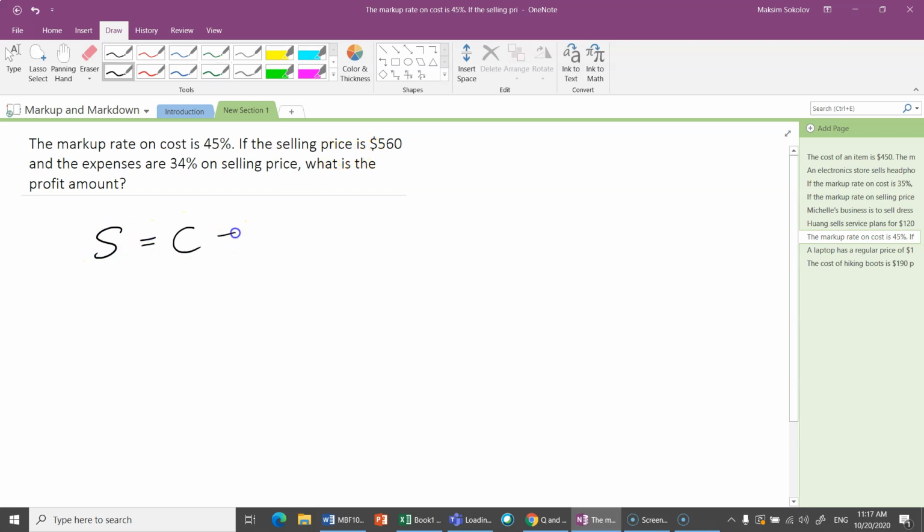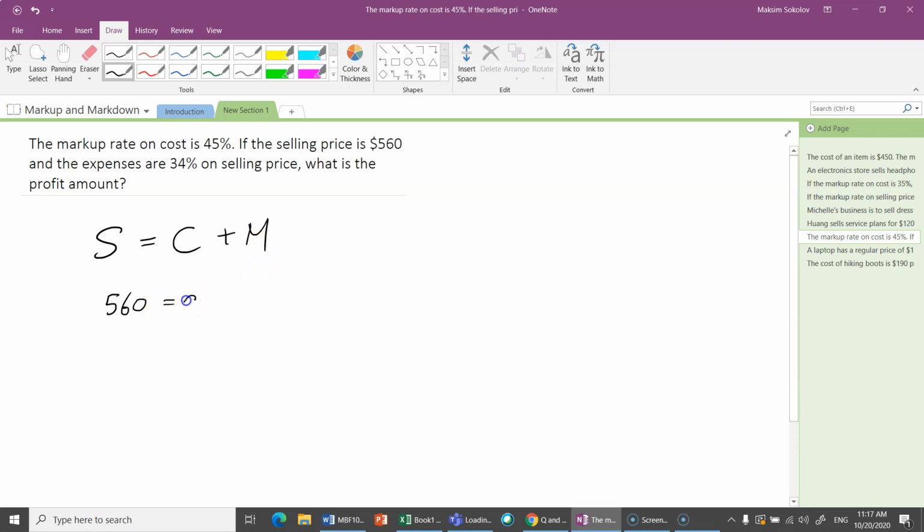Selling price is cost plus markup. So this time we'll use this formula, cost and markup, because we're given here markup rate on cost. So we'll be using information about markup. And selling price is $560.